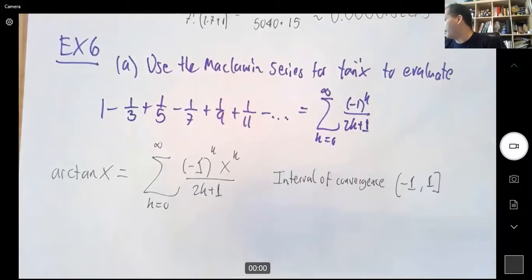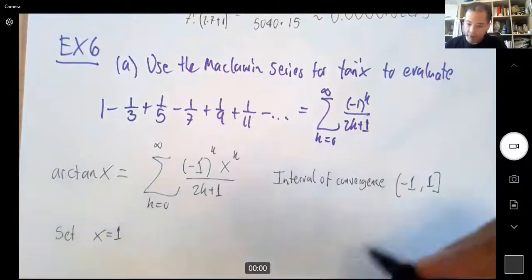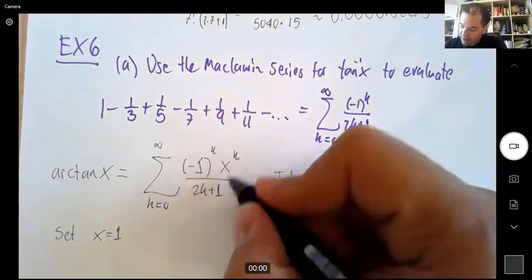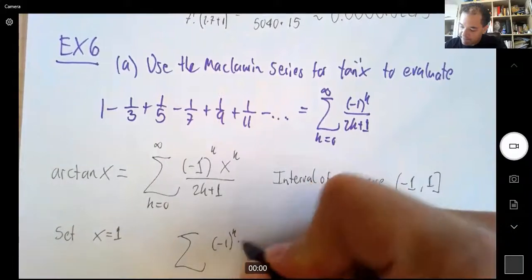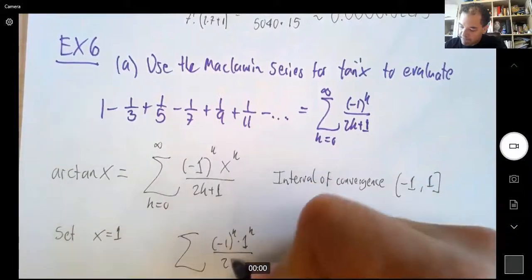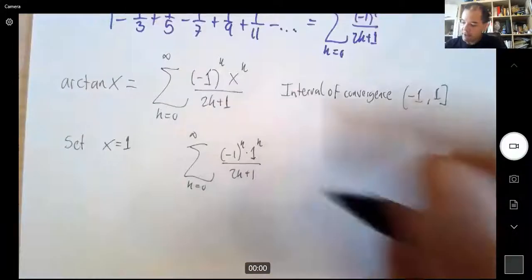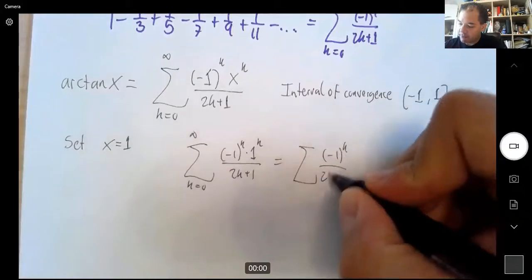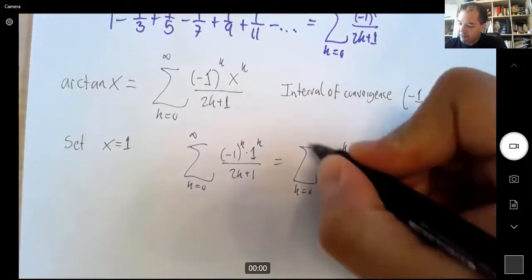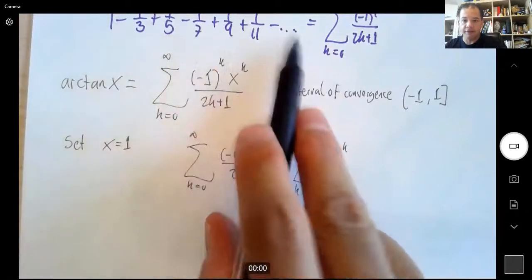We just plug 1, right? It's as easy as plugging 1. If we plug 1, we get 1 to the k, which is exactly what we want. It will be the series that we want, just -1 to the k over 2k plus 1. So this beautiful one, 1 minus a third plus 1/5 minus 1/7, etc.